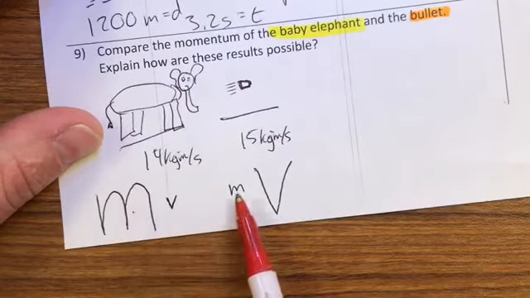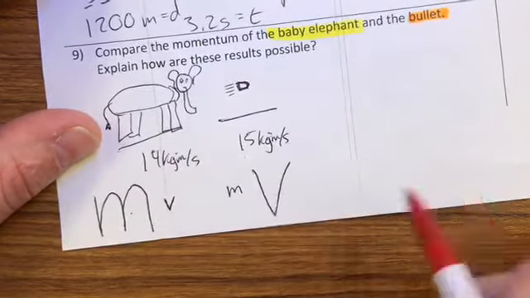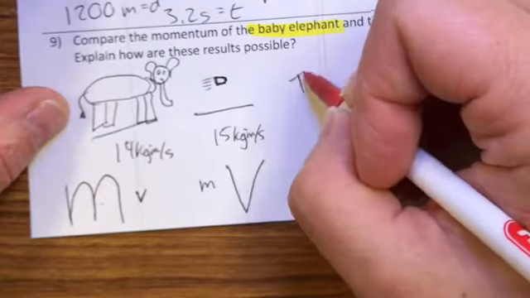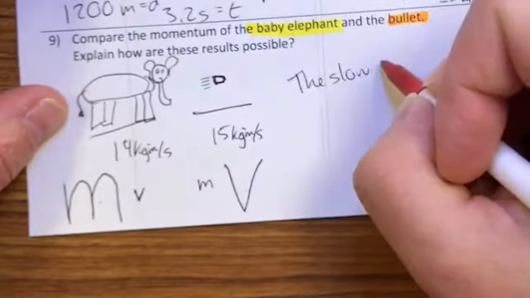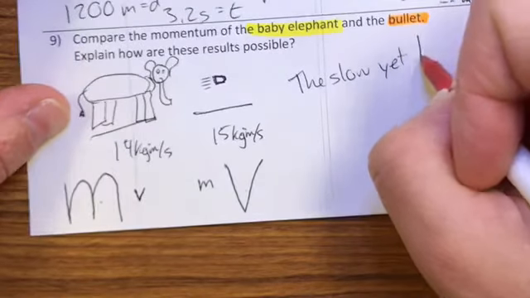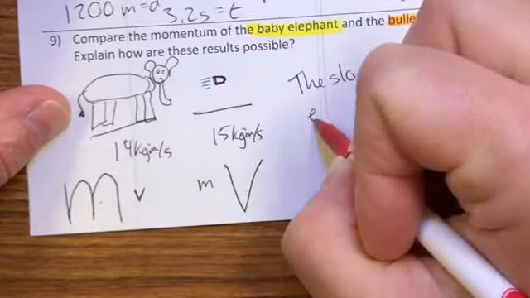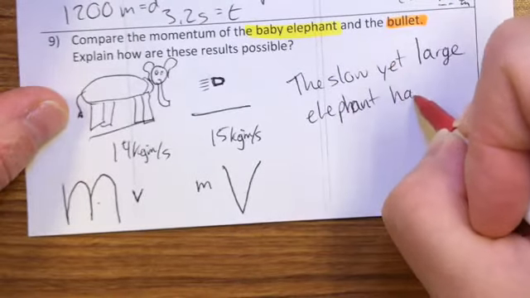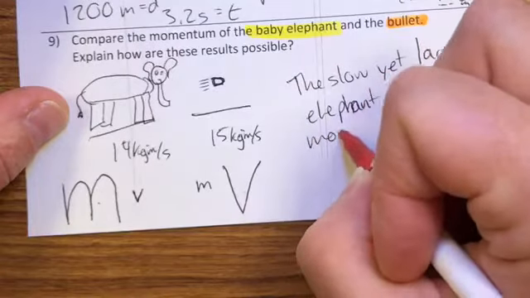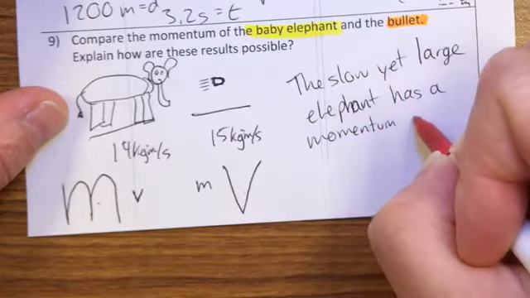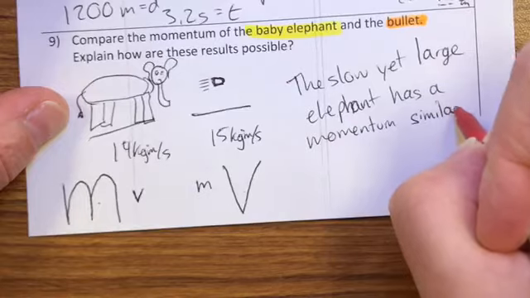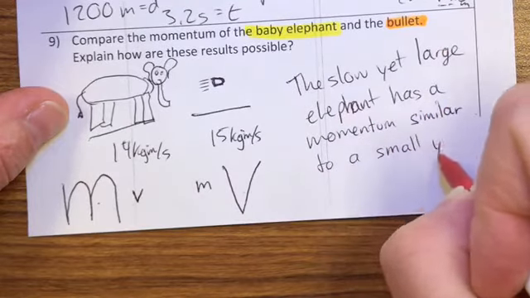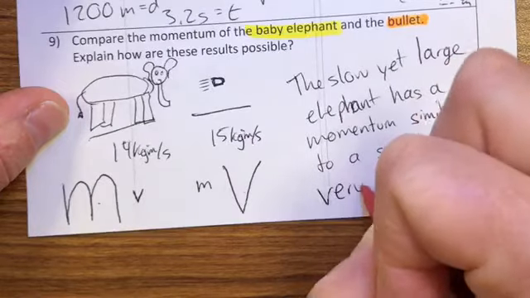Multiplying the big with the small, or the small with the big, that's how you can get the slow yet large elephant has a momentum similar to a small yet very fast bullet.